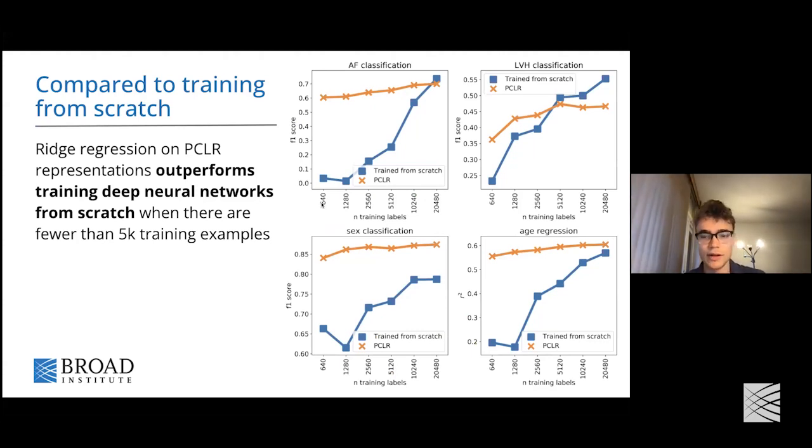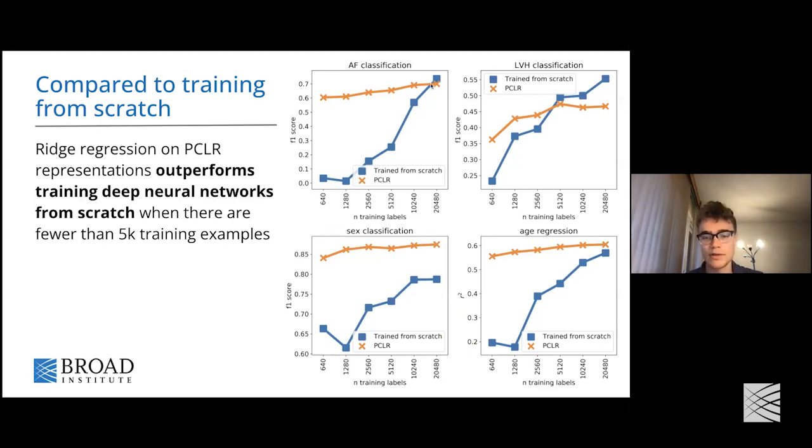So training a neural network from scratch on 640 ECGs with not that many positive cases is incredibly hard. So you get a bad F1 score. However, training a logistic regression model on top of the Pickler representations of the ECGs actually does pretty well. And then, as you can imagine, as we get more and more labeled training data, training a neural network from random initialization starts to work.